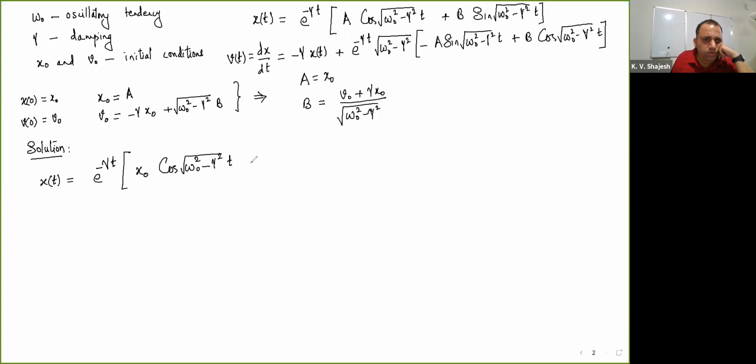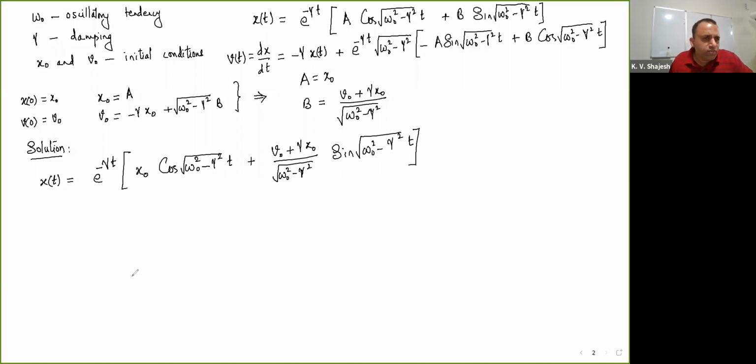And b now is v naught plus gamma x naught over that frequency, times sine of the square root of omega naught square minus gamma square times t. That's your total solution.